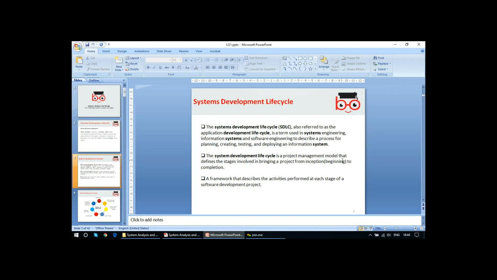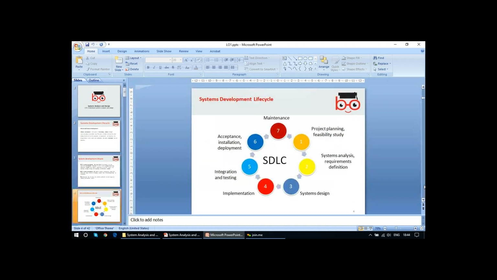Basically, it's a project management model that defines the stages involved in bringing a project from inception to completion. So a framework that describes the activities performed at each stage of software development. Obviously, you cannot go ahead without a well-defined system development life cycle. So normally it starts with planning.